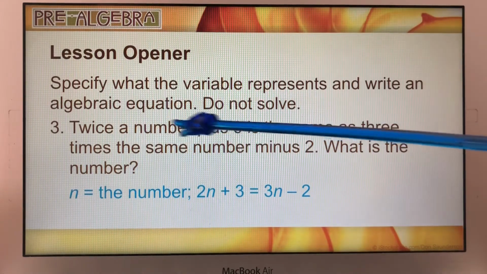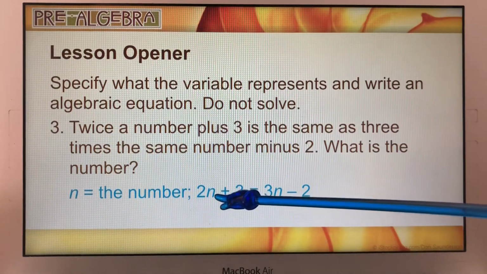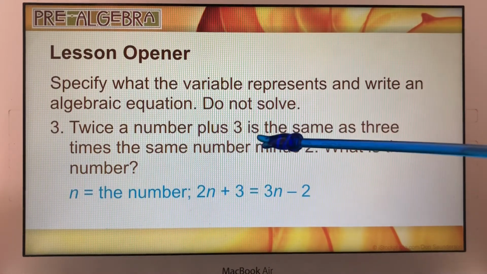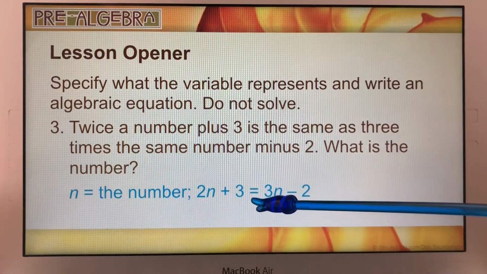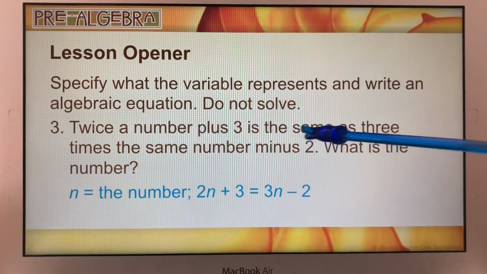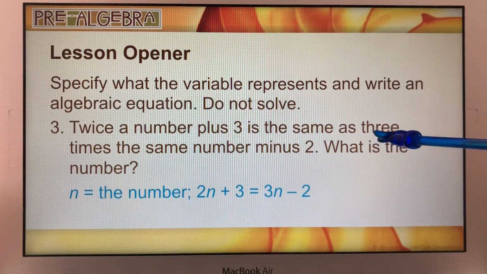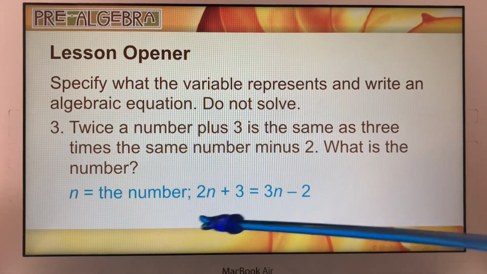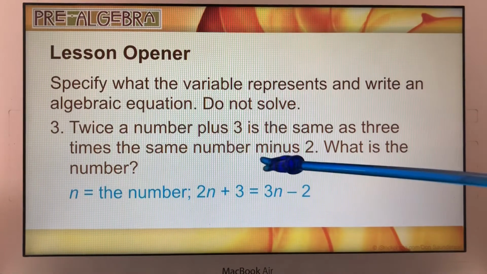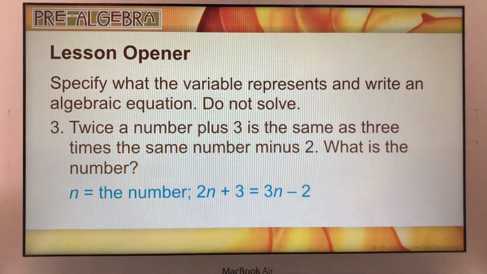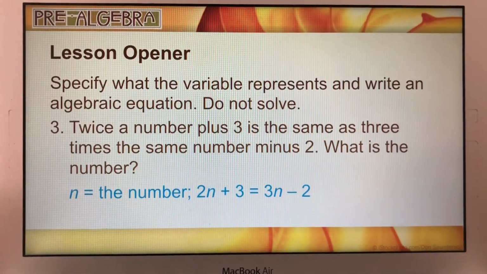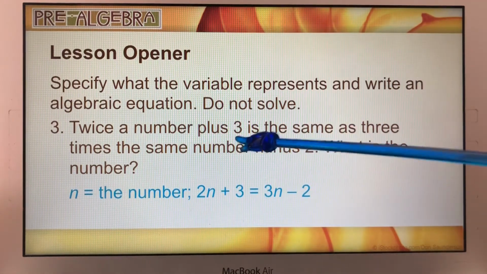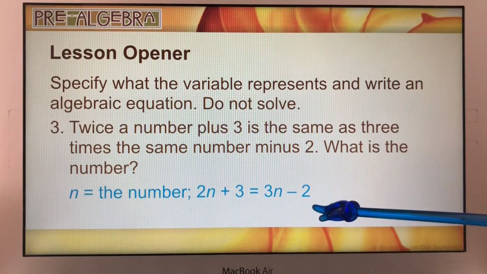So twice the number, that's going to be 2n, plus 3 is, so remember, is means equals, right? The same as 3 times the same number, so 3 times n, minus 2. And there's our equation. We don't have to solve. We're just rewriting these statements into these numbers here.